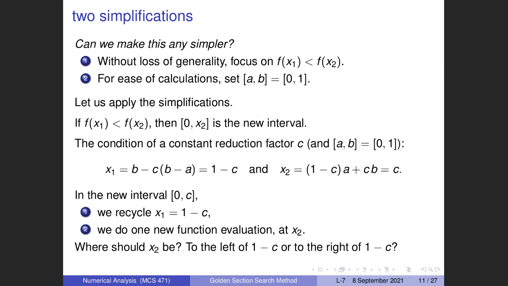In the case where x1 is less than x2, we are reducing the interval. So now we have the interval [0, c], and we actually have to recycle the function value at x1.